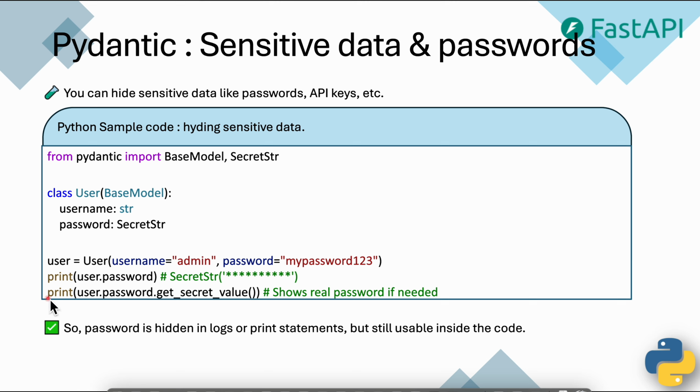And then if you want to print the real secret value, then print user.password.get_secret_value(). So it shows the real password if you need it. So the password is hidden in logs or print statements but still usable inside the code.